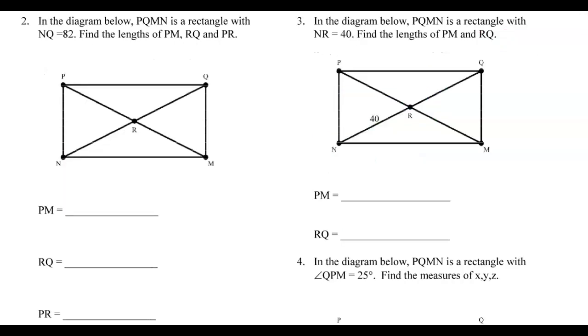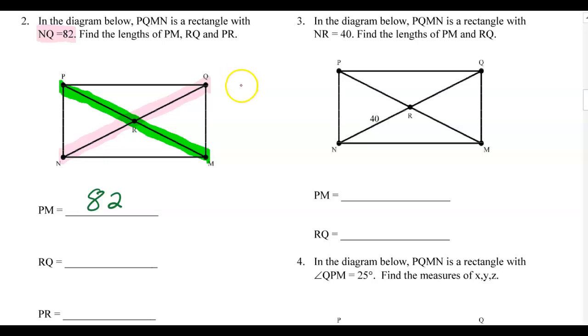Let's take a look at example 2. We know that the diagonal NQ is 82. So this whole diagonal I just highlighted in pink is 82, which makes the other diagonal, since the diagonals are congruent, also 82. So PM is also 82. The second property, since it's a parallelogram, is the diagonals bisect each other.